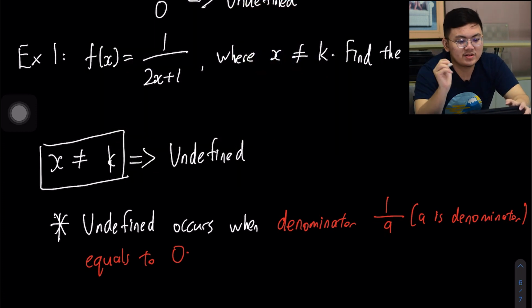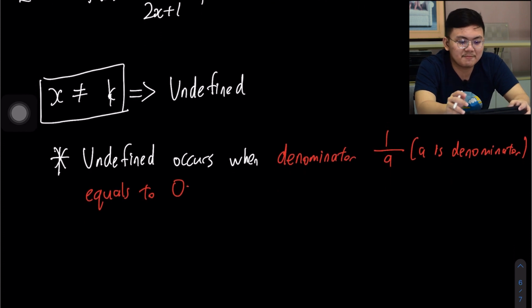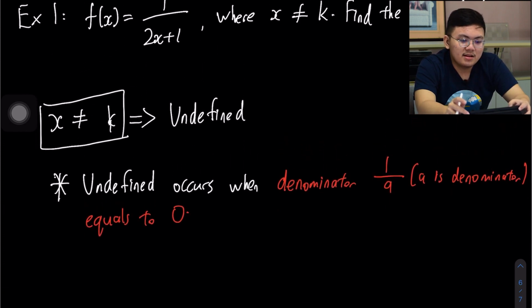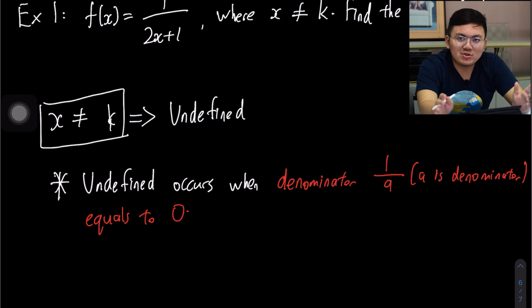There's another undefined situation that I'm going to say later. So x cannot be equal to a certain number because this number causes the function to become undefined. So the undefined occurs when the denominator equals 0.